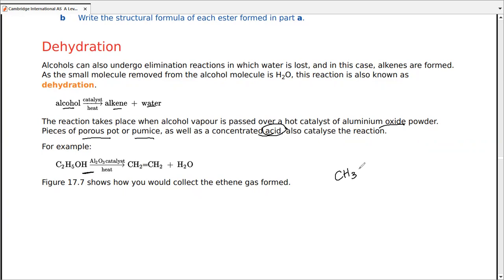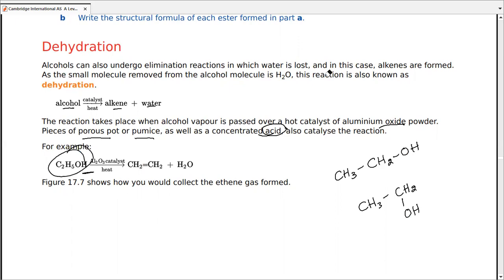We usually write it as CH3CH2OH. We don't usually write it like this when we are trying to convert structures of reactants into molecules by elimination. So what I tend to do is write the functional group below the structure.